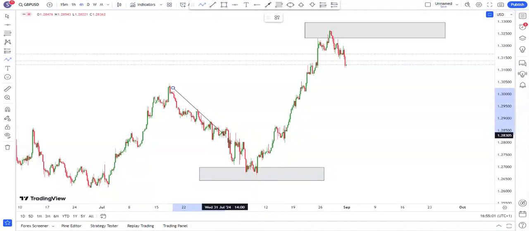But at this point, the market couldn't go further. Then it pauses here and it starts going back. This particular region is what we call the support region.